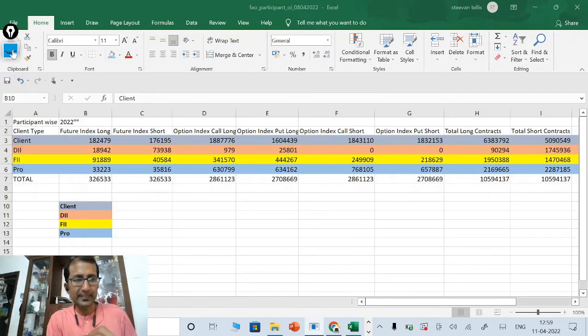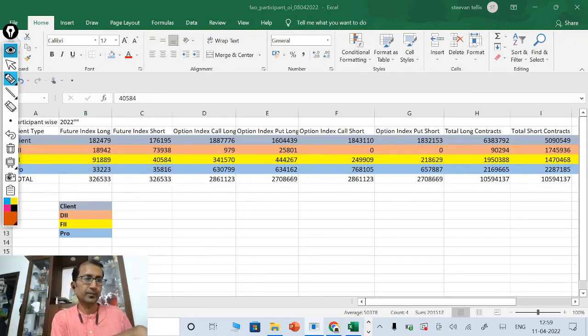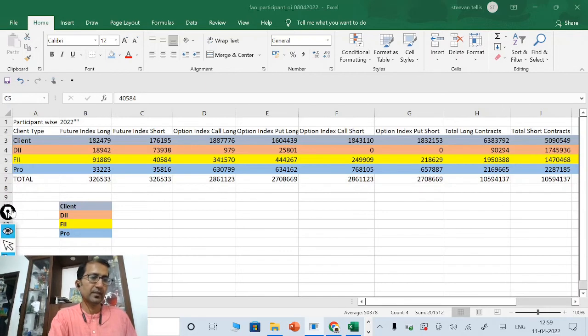Firstly, you can see FIIs marked in yellow. FIIs have index long positions. Let me mark it. See FIIs. Okay, FIIs are index long compared to short.